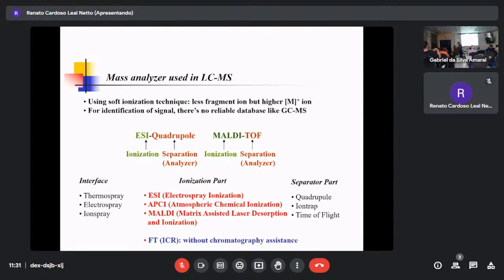You know MALDI imaging: you have a sample, apply the matrix, then scan and detect the compounds. Even though MALDI can detect a small molecule, it's not fully ionized. Instead, other small-molecule targeting approaches are used.